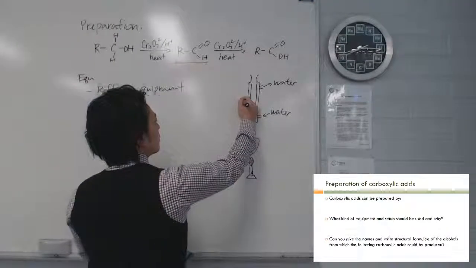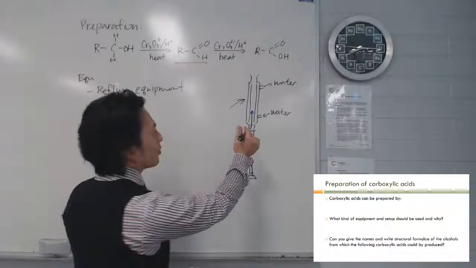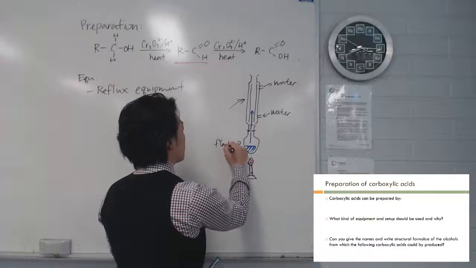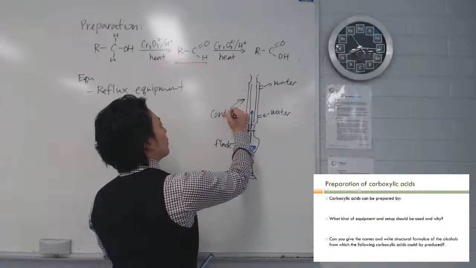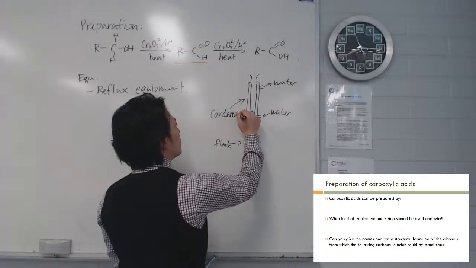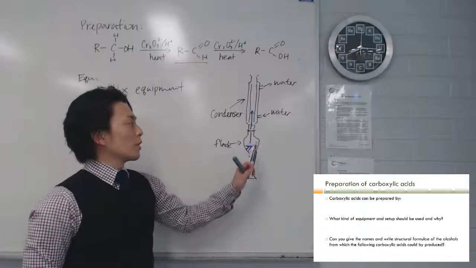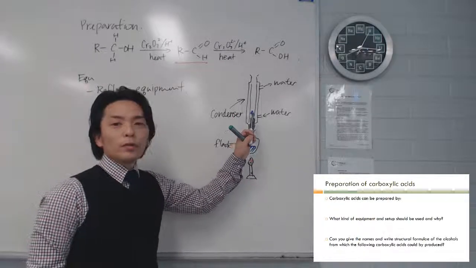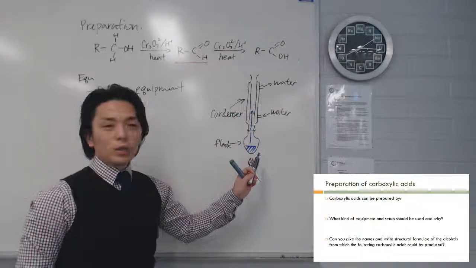Remember what this equipment part called? Did I mention that just then? Probably not. The pear-shaped flask, and this is condenser. Basically what it does is it cools down the liquid that boiled off, condenses it back, and that trickles down back to here.